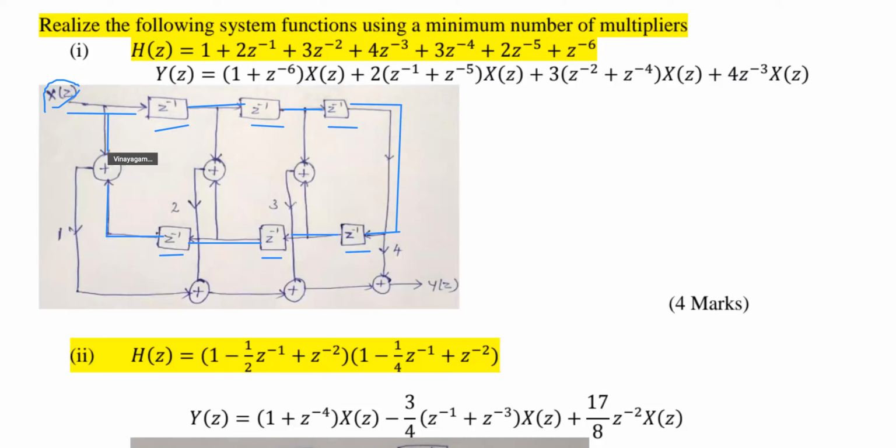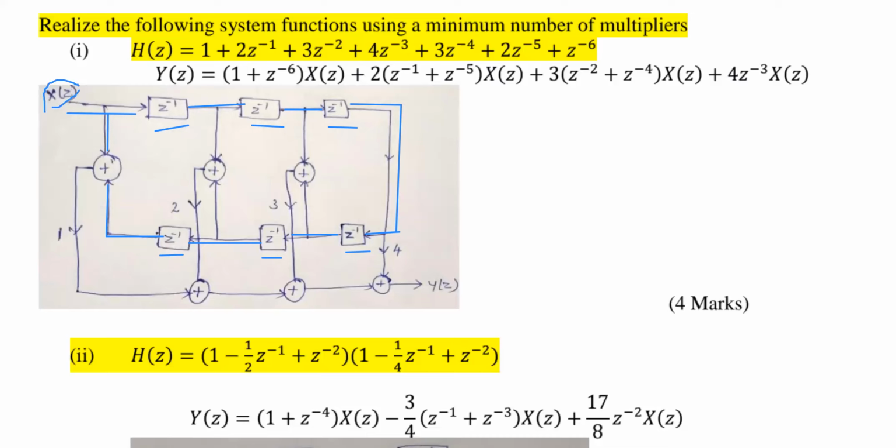Then we mark the coefficients. Here it is X(z). At this place it is z^-1 because of the delay element, and similarly here it is z^-1, while here it is z^-2, then z^-3, z^-4, z^-5 and z^-6. That is how the delay elements are arranged.